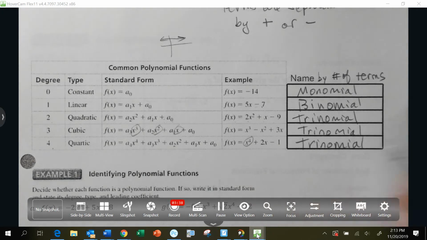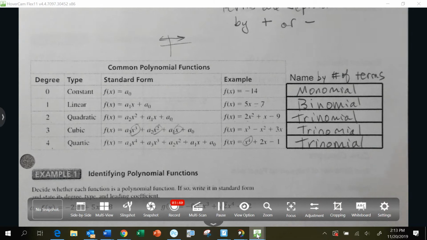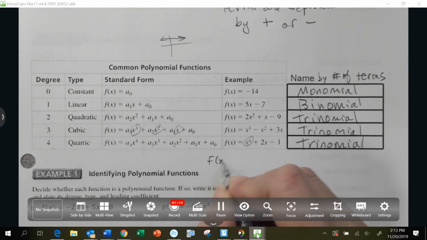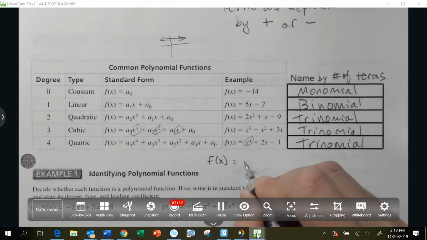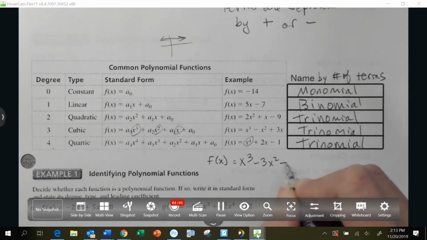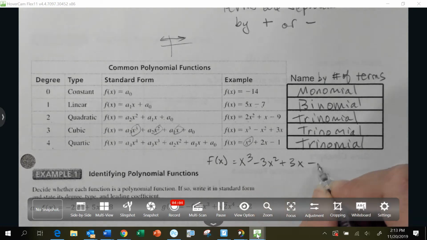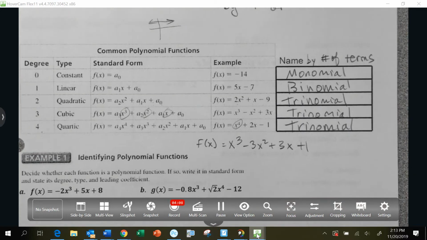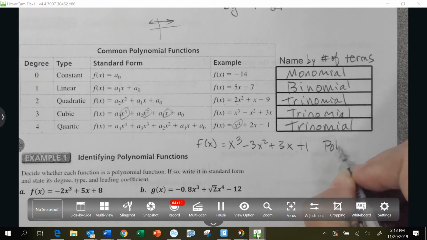Trinomial. Okay, polynomial is any nomial that has more than one term. So all of them, except for the first one, are polynomials. Poly means like many. If I did give you an example like f of x equals x to the third minus 3x squared plus 3x plus 1, if I gave you something like that, this is a polynomial.